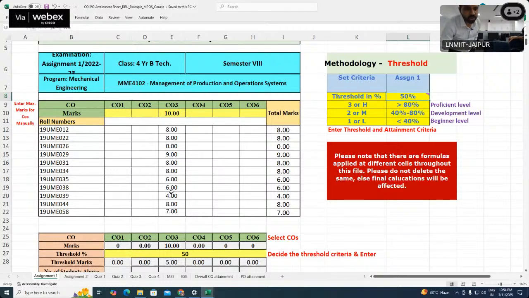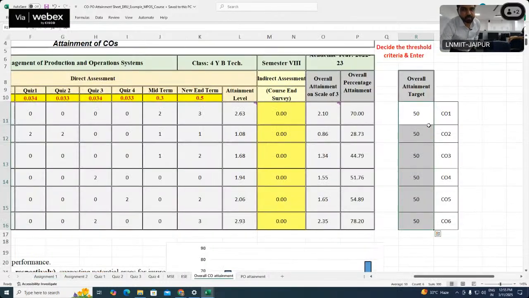Here we have the criteria for threshold, which again has to be decided by the entire department or program committee, or individual teachers can do it, but typically it is recommended that the whole program will have the same threshold level. And here we are putting... sorry, a mistake was made here.